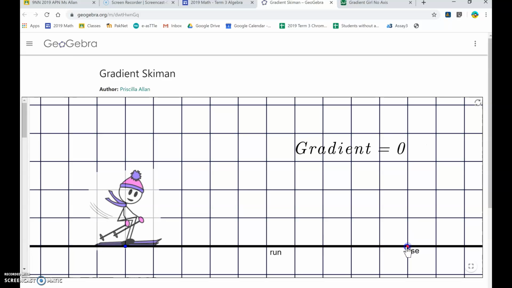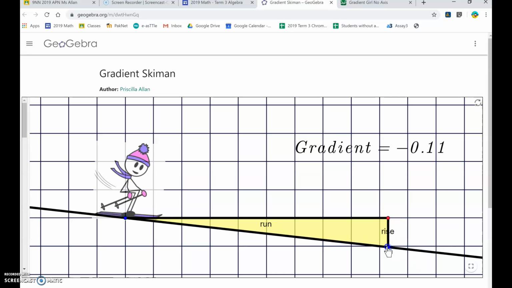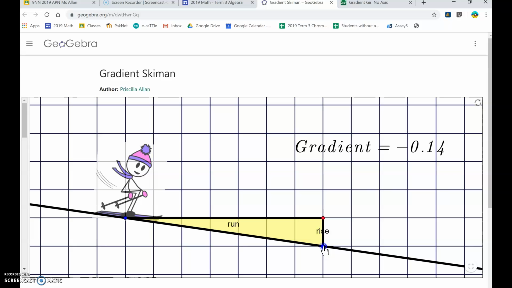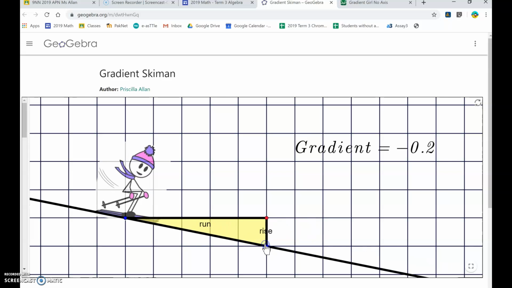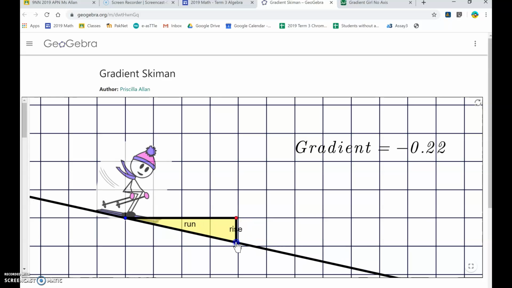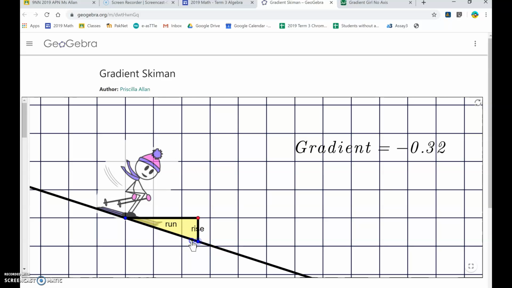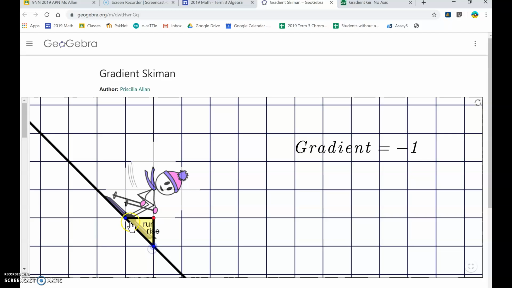That's gradient of 0. The skiing man's not going anywhere. Now that's negative because from left to right he's going downhill. So that's negative a tenth, negative a ninth, negative an eighth, negative a seventh, negative a sixth, negative a fifth, a quarter, 0.25, a third, 0.3 recurring, negative a half, and negative 1.